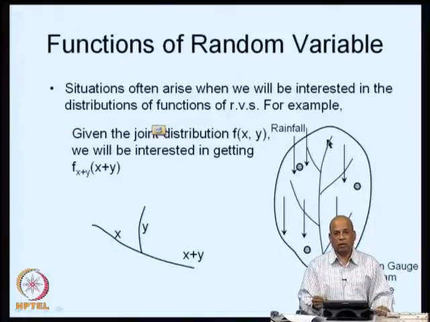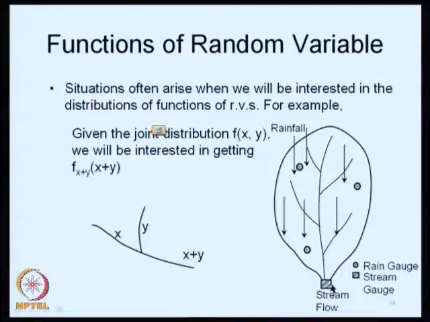Similarly, look at another example where there is rainfall occurring in the catchment area, and there is an associated stream flow here. We may have a functional relationship between the stream flow at this point and the rainfall in the catchment area. Let us say we express this stream flow y as a function of x, say y is equal to x square minus 4x plus 1 or some such function.